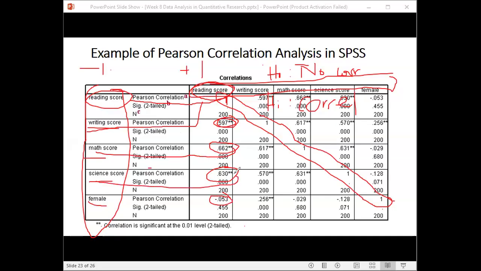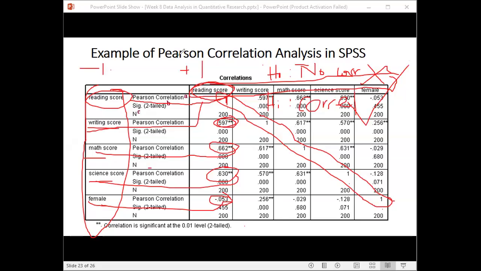Science score against reading score. Female against reading score. Okay, if you see it as positive, it tells you that it has a positive correlation. If you see the stars on it, it tells you that you are rejecting the null hypothesis, which is saying there's no correlation, and you are accepting the alternative hypothesis saying that there is a correlation. So if it's positive, there's a positive correlation. If it's negative, there's a negative correlation.